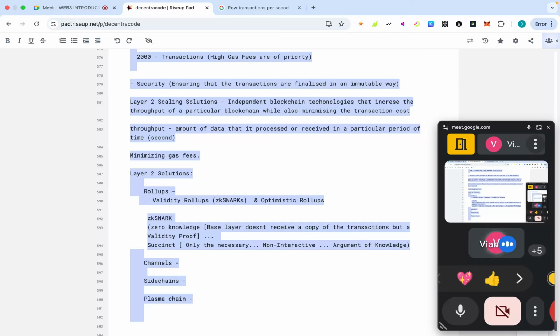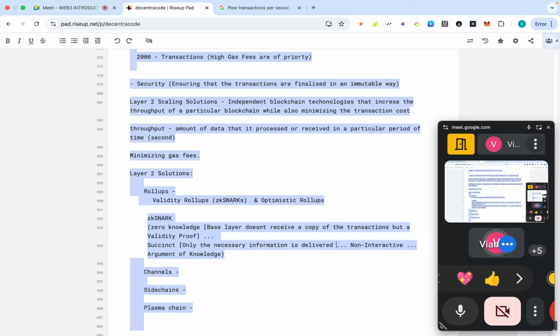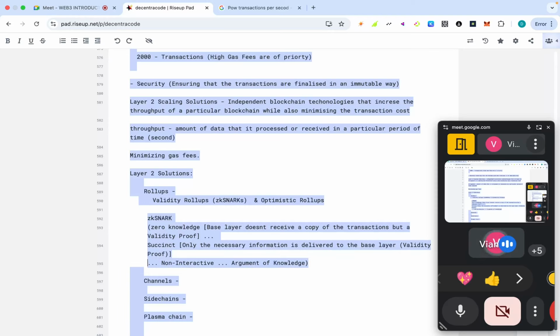So succinct means that only the necessary information is delivered to the base layer, which in this case would be Ethereum. And that information is a validity proof. And yeah, I think that's it. Now, non-interactive.